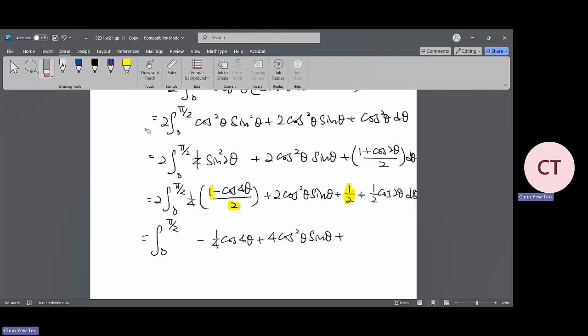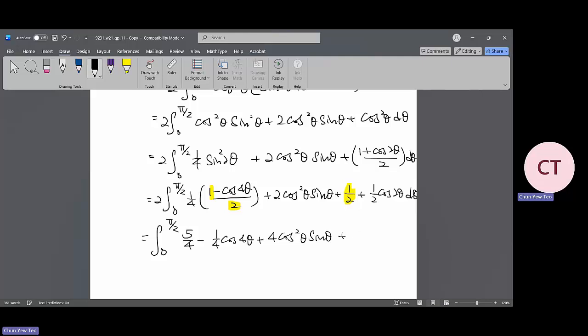So if I multiply the 2 inside, this is 1 over 4, and then this one is 1 plus cos 2 theta. Okay, nearly forgot. So this one is add together. If you add it together, then it will be 5 over 4. It's a mistake. So you will get 5 over 4.